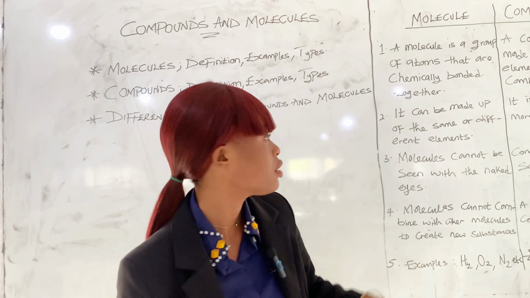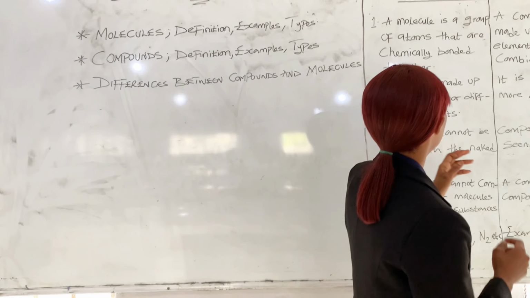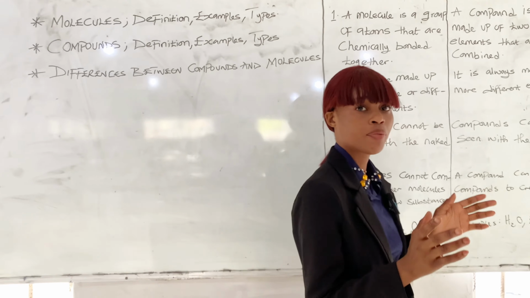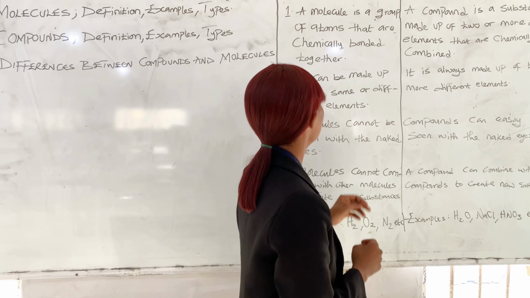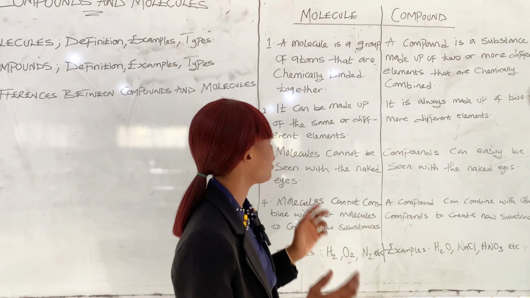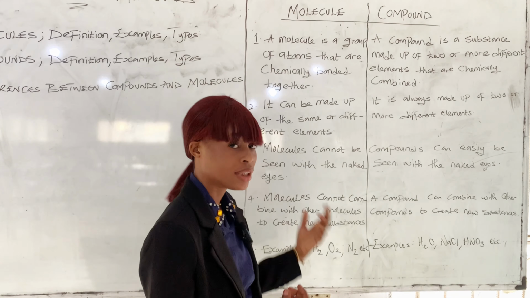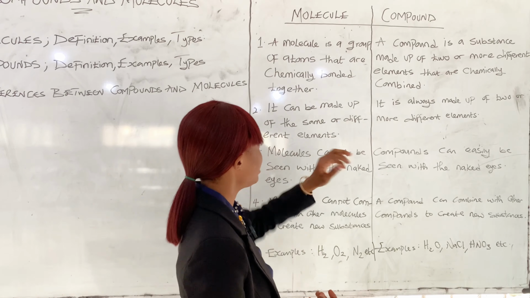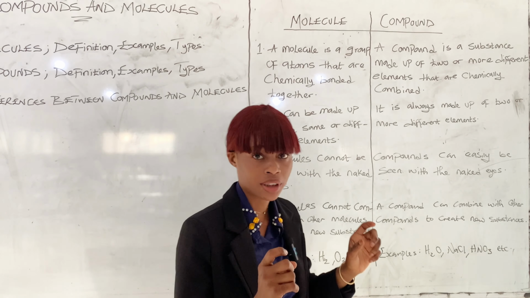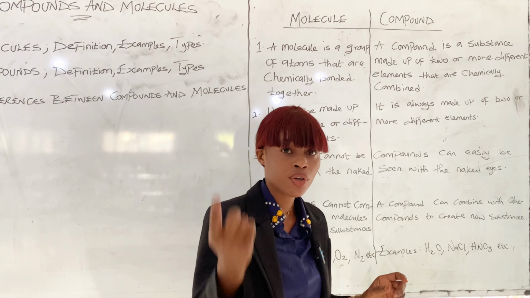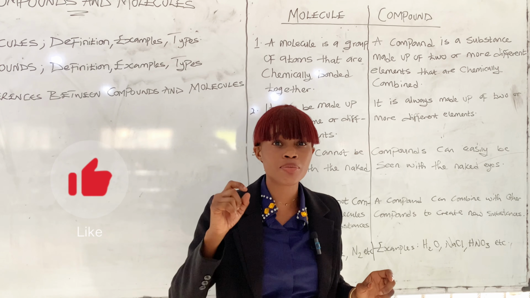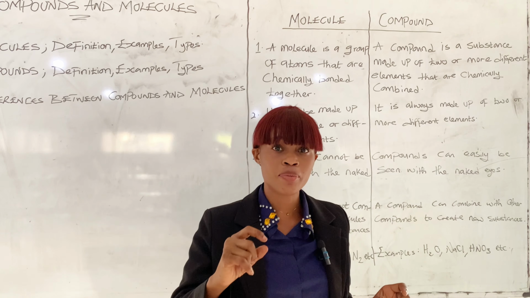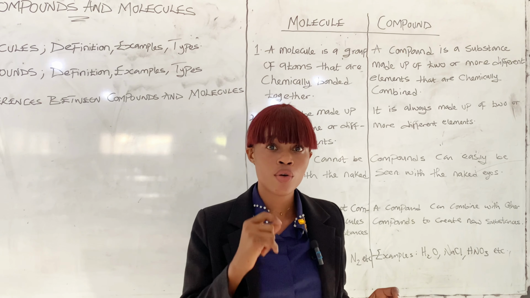So first things first, a molecule. What is the difference between a compound and a molecule? Number one, a molecule is a group of atoms that are chemically bonded together. Like I said, emphasis on the word atoms. Remember, in our previous video, we said that atoms are the smallest part of an element that can take part in chemical reaction.